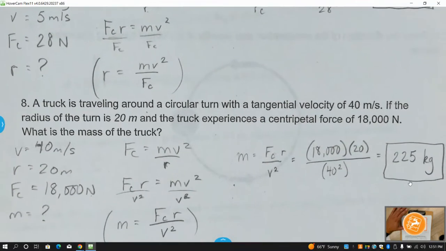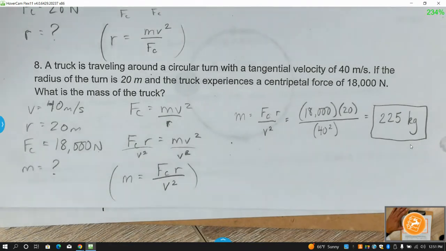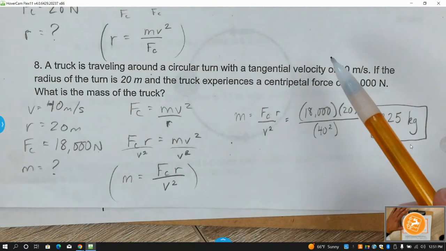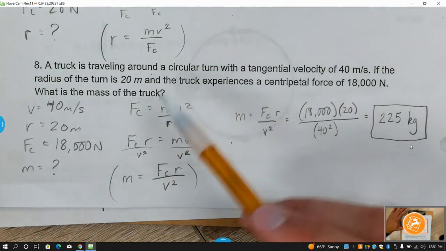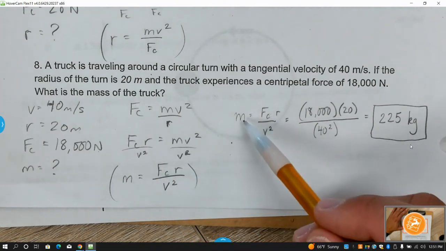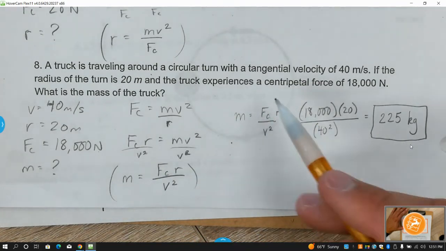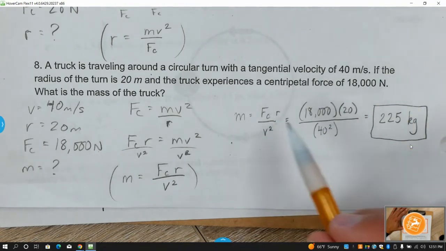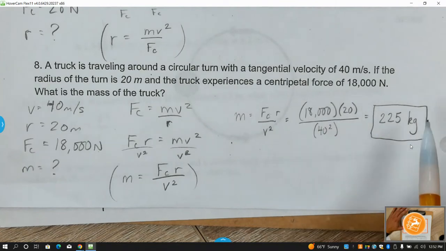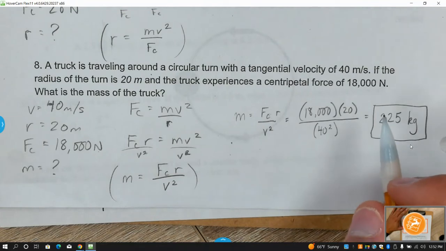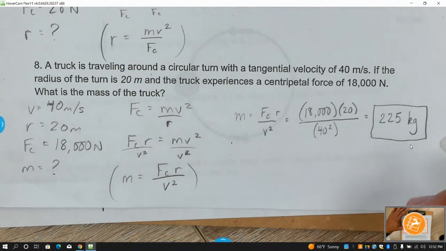The last one, you're given velocity, radius, centripetal force. They want to know the mass of the truck. Taking the centripetal force equation and rearranging it to solve for mass, we see that we are going to use mass is equal to the centripetal force times the radius divided by the velocity, or tangential velocity, squared. 18,000 times 20 equals, then divided by, I just threw it in parentheses in my calculator, 40 squared, and I come out with 225.